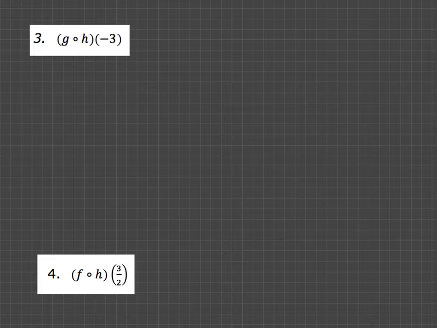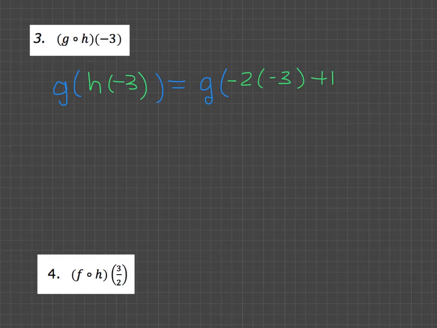Okay, now let's look at g of h of negative 3. So first we want to evaluate h of negative 3, and that's going to go into the function g. So we plug in a negative 3 and we get negative 2 times negative 3 plus 1.